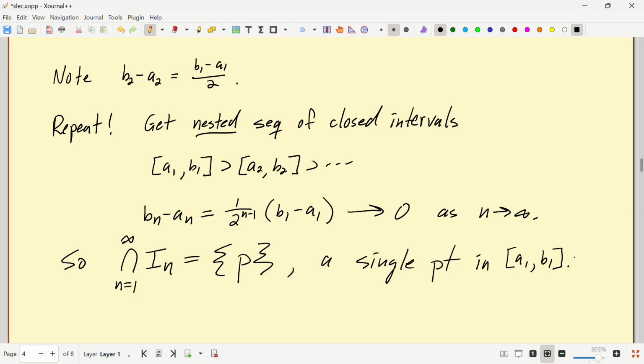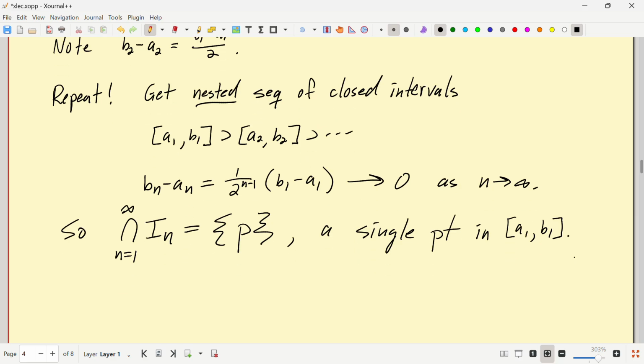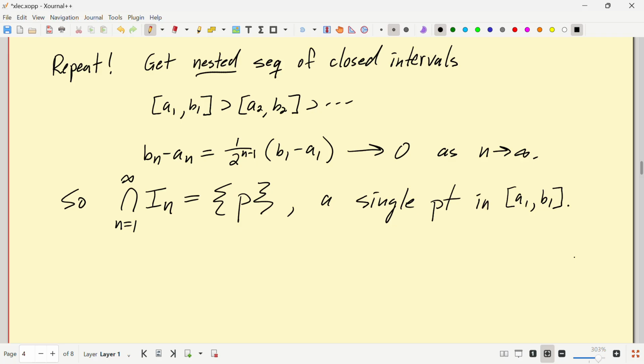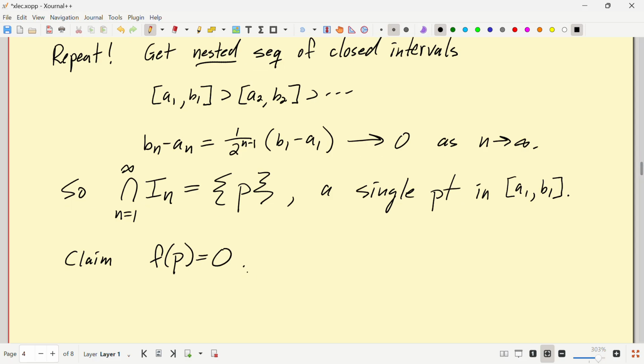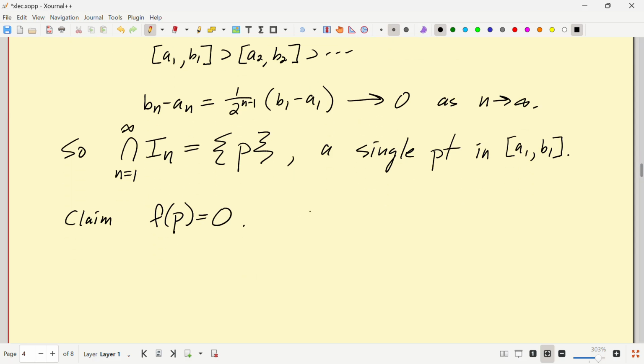Well, of course, that's got to be where it's 0. Think about it. So I next claim f of p is a 0. And let's think about why that's true. We would have that f of an, what do I have?